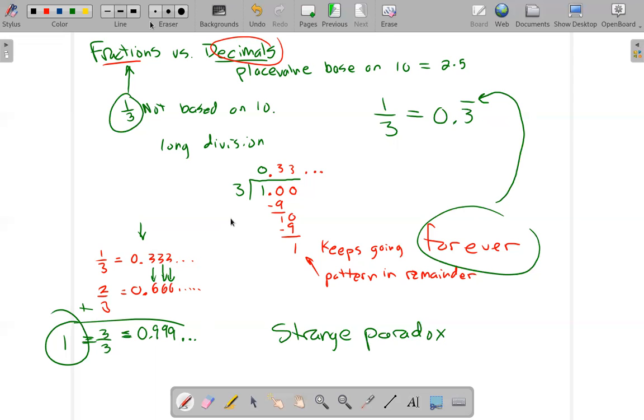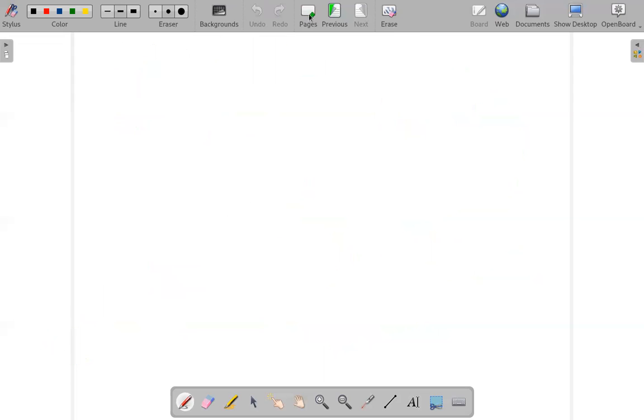Can every fraction be written as a decimal? The answer is yes, but sometimes you get these weird repetitions that go on forever. Can every decimal be written as a fraction? The answer is yes. Whether it repeats or terminates, it can be. And just a reminder about that, let's take the decimal 0.125.